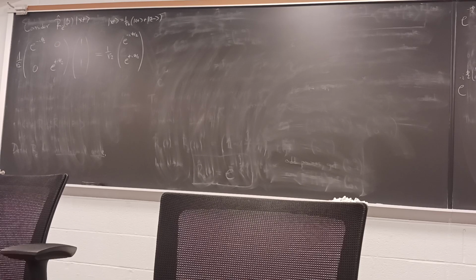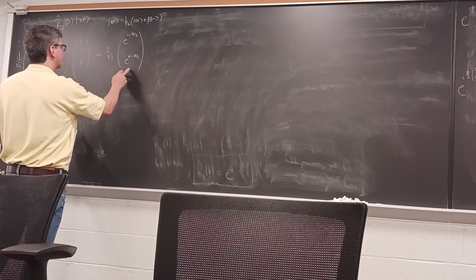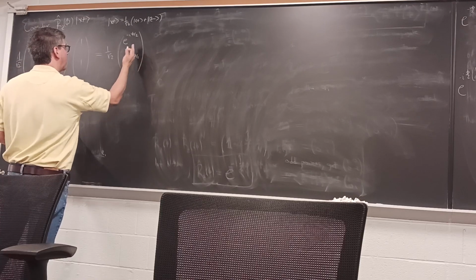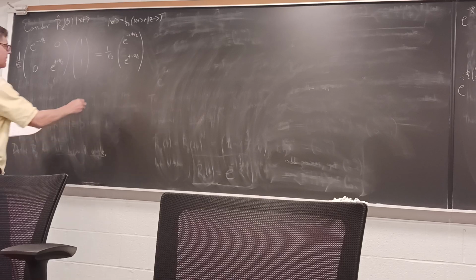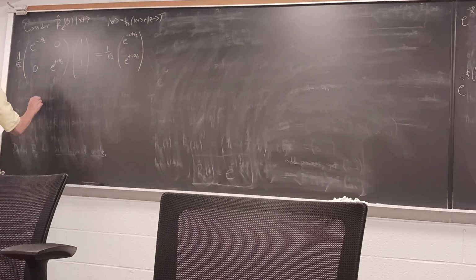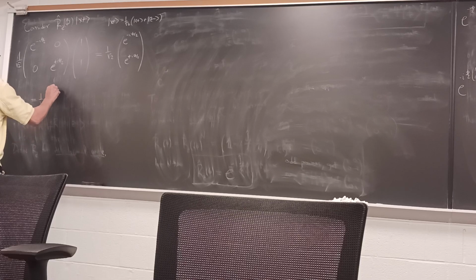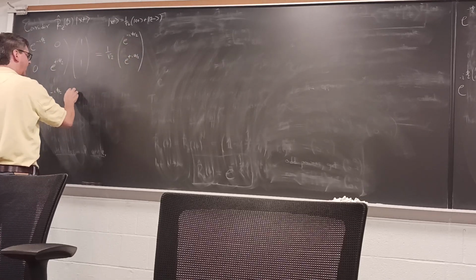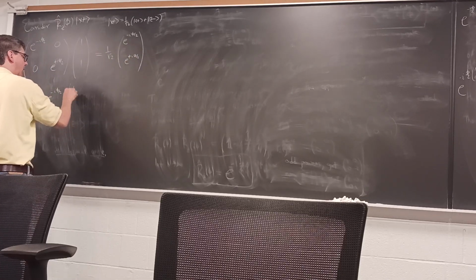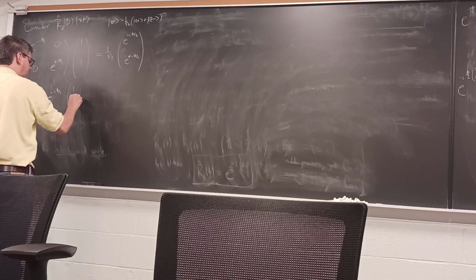And now one thing we can do is pull out a factor of e to the minus i phi over 2. So I can write this as 1 over root 2 e to the minus i phi over 2 times 1, e to the i phi for the second term.